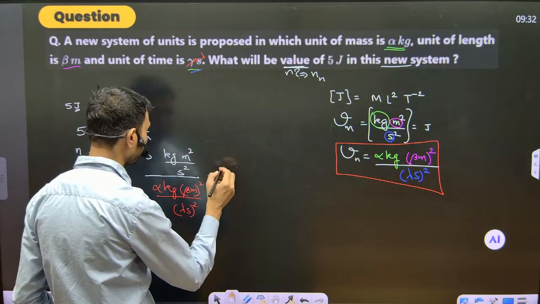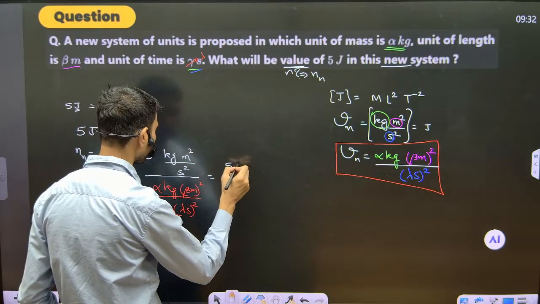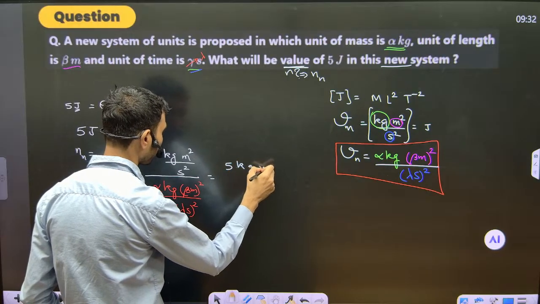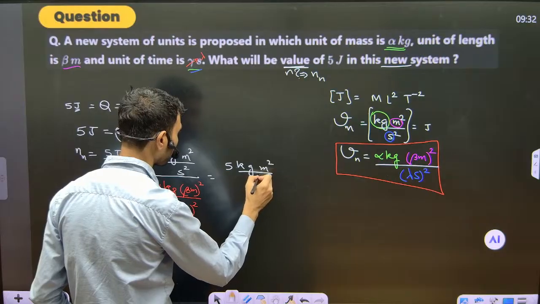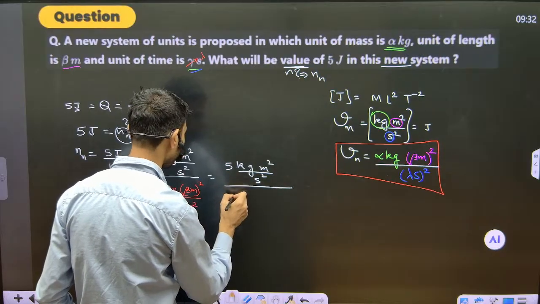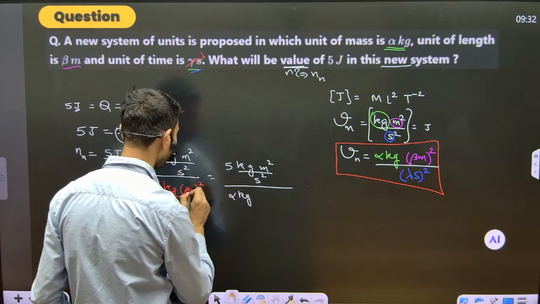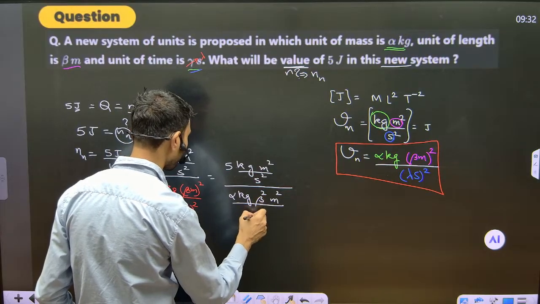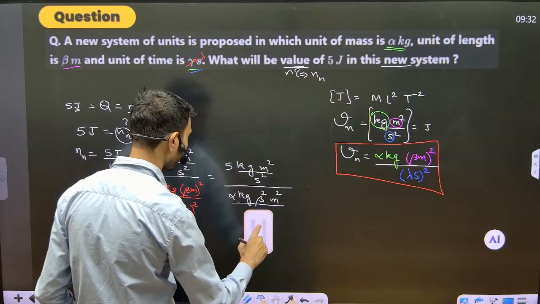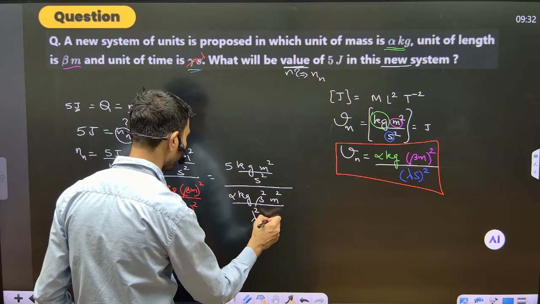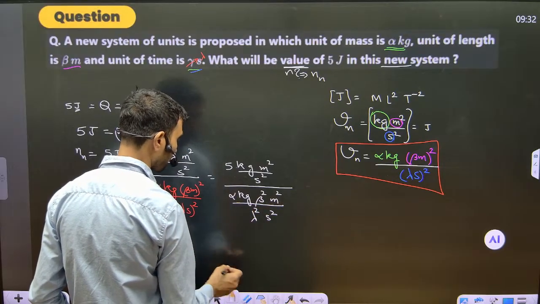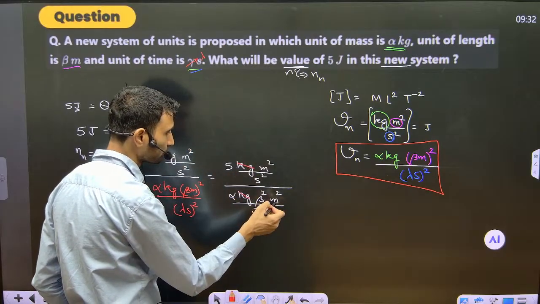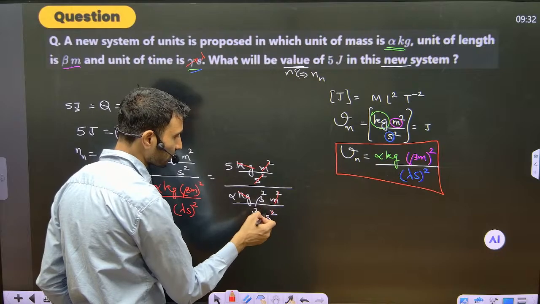So that's equal to 5 kg meter square by second square divided by alpha kg beta square meter square divided by lambda square second square. And then of course you get terms getting cancelled. Kg, all the terms get cancelled.